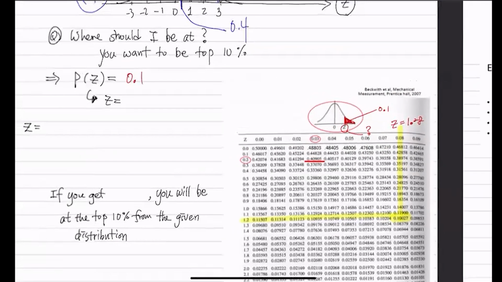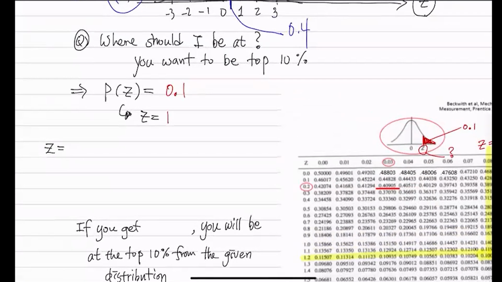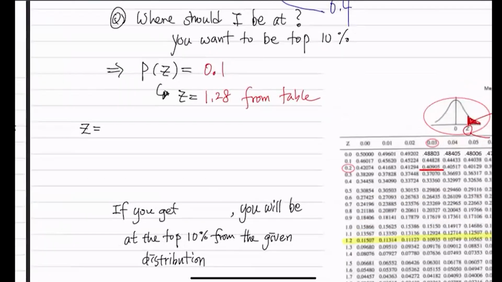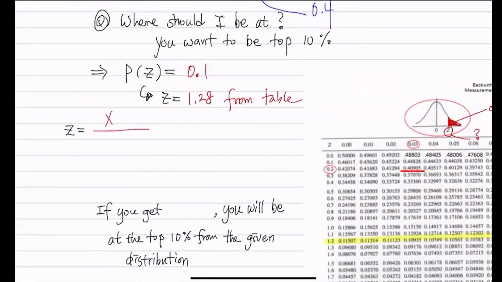Okay, so now we're going to use Z is 1.28 from the table. So the next step is you correlate back into the original value. And how do we do that? We use that formula, x minus mu divided by sigma. So your Z is 1.28, and x is what you want to find out.